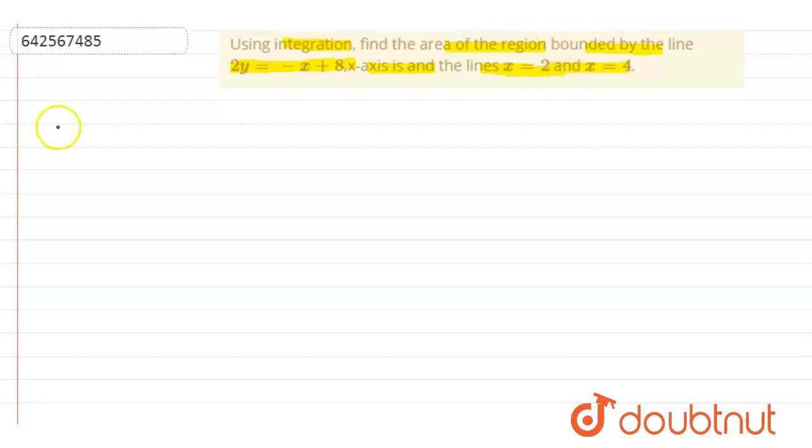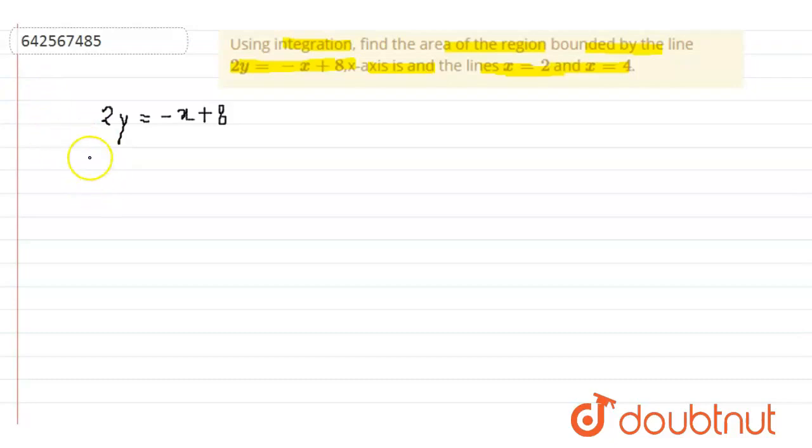So the very first thing, we have the equation of a line: 2y equals minus x plus 8. To find the particular value, first we have to find some points, and we will make a graph for this line.